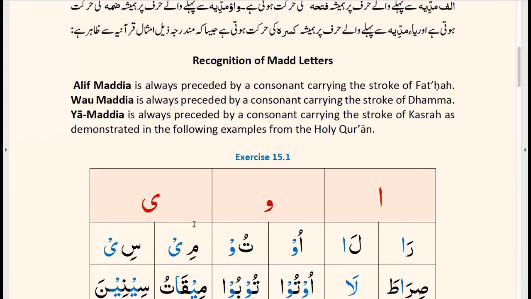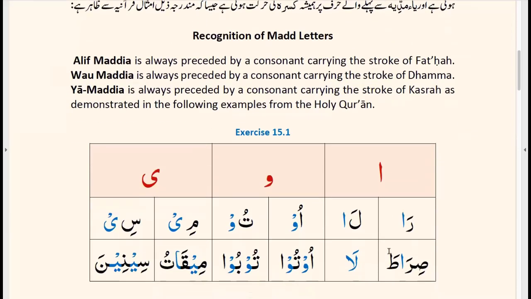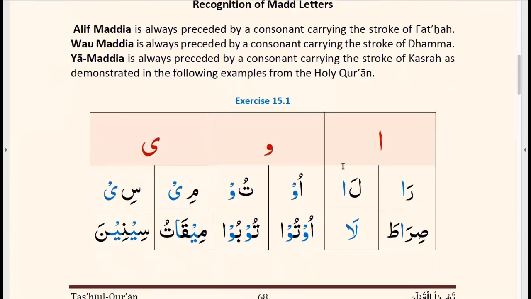So here, we have ya, and before that, we have a letter carrying a kasra, okay? So the difference with the ya and the waw is they have sukoon sign on top of it, but the alif doesn't, okay? So today we will just be going through the Alif Madiyah, and I will be reading out this first bit here, and then we can have a student to the mic.